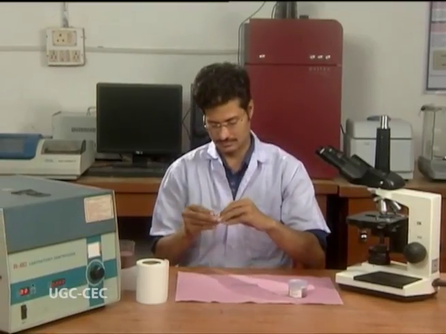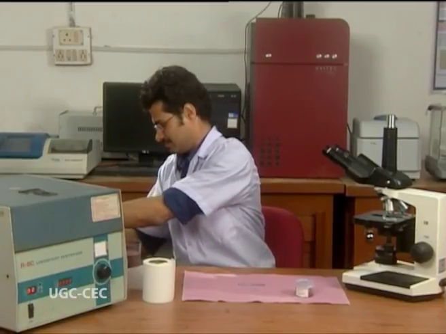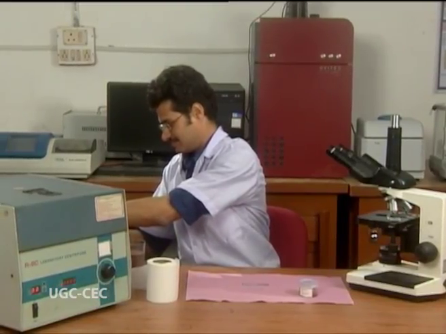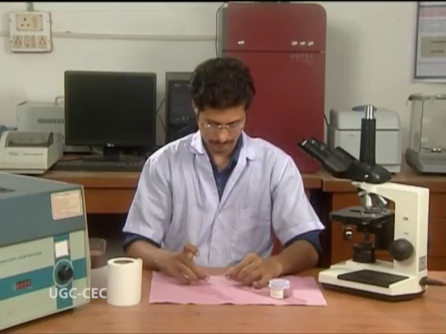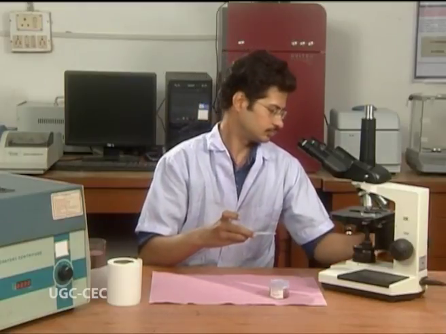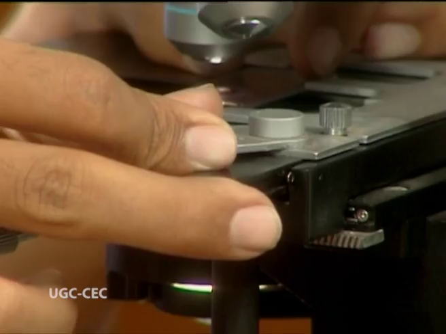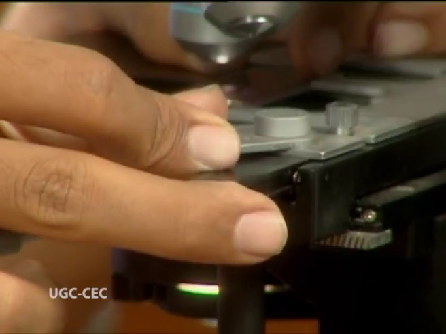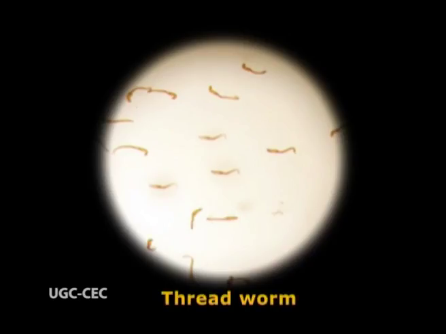Place the sticky side of a strip of tape over the anal region to obtain the material and stick the tape smoothly on a glass slide. The worm can then be identified under the microscope. Record the result.